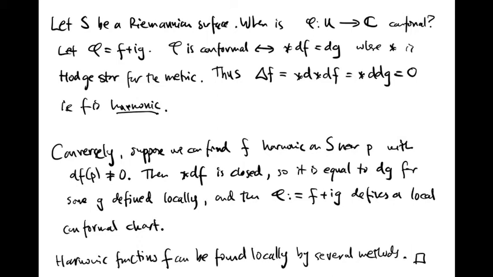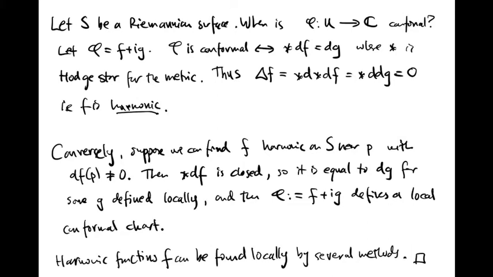We can reverse this order of deduction. Supposing we can find a function f which is harmonic on our surface S for the Riemannian metric near a point P, and let's suppose that the differential of f at P is non-zero. Since it's harmonic, star df is closed, and therefore locally we can find a function g so that star df is equal to dg.